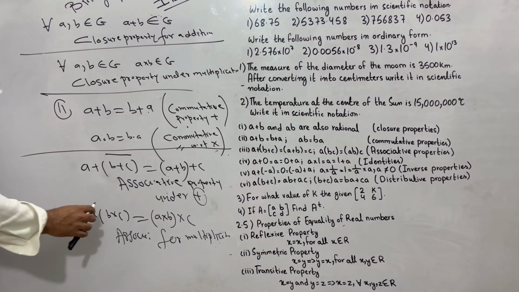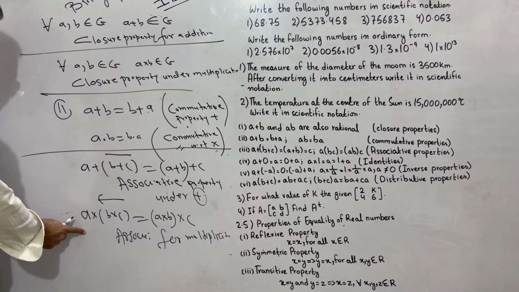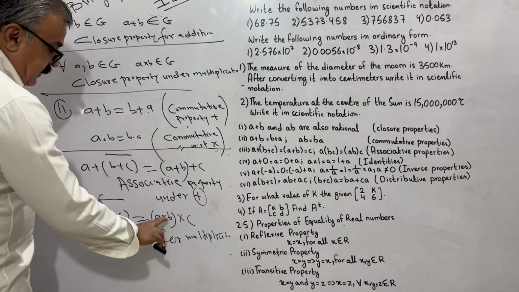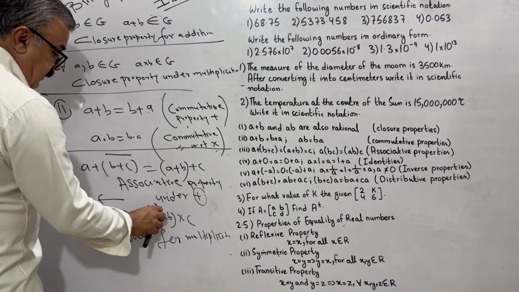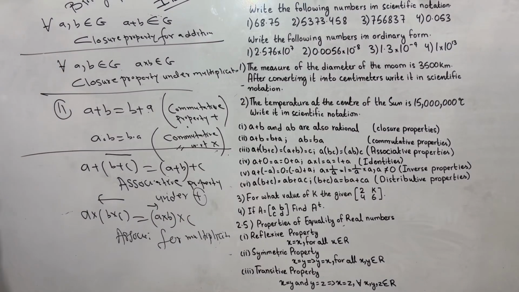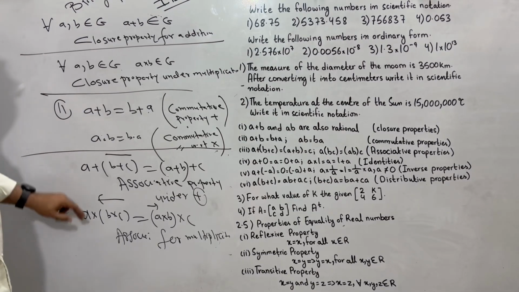Same difference. Starting from right to left, first multiply B into C, then with A. And from left to right, first operate A into B, then whatever the result is, multiply with C. Associative law according to addition, associative law according to multiplication.